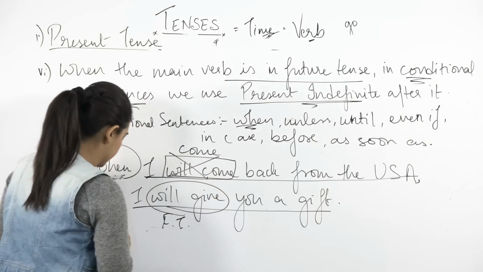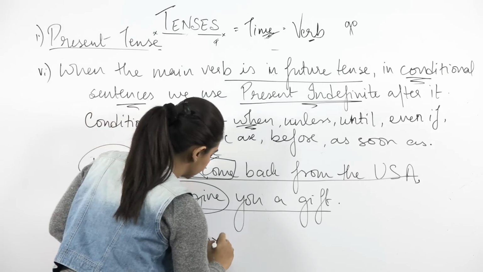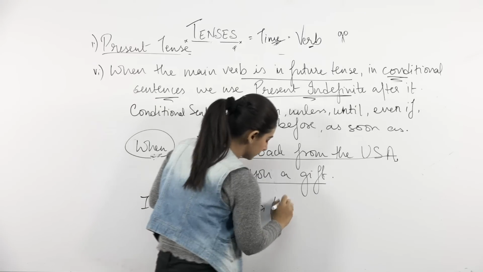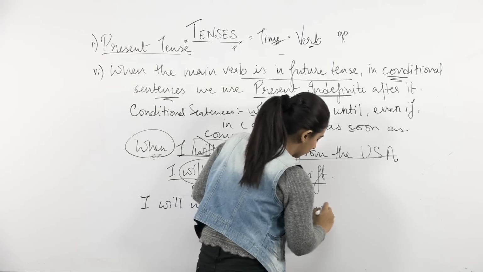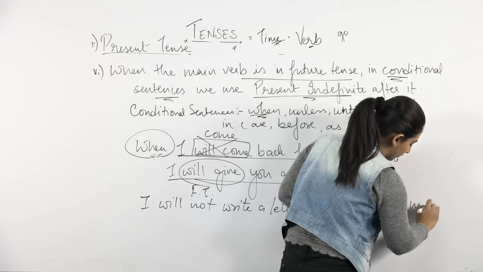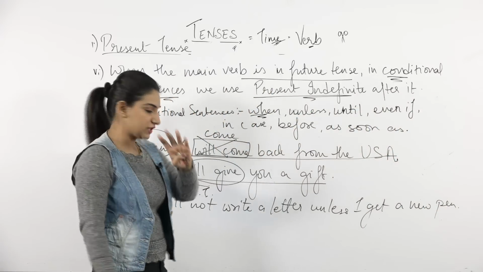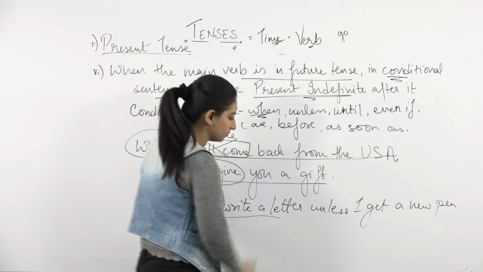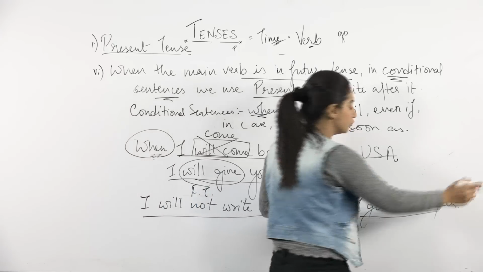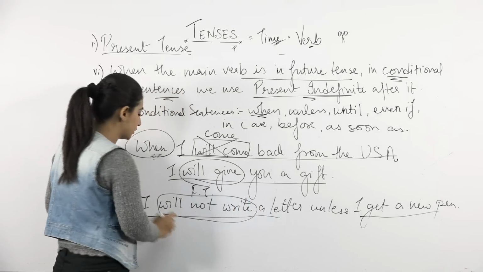If I write one more sentence, I will not write a letter unless I get a new pen. Now, again you have two sentences. I will not write a letter, and second is I get a new pen. The main verb is in future tense. I will not write.